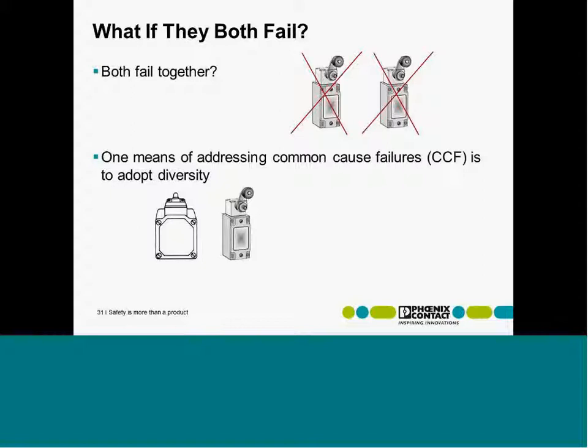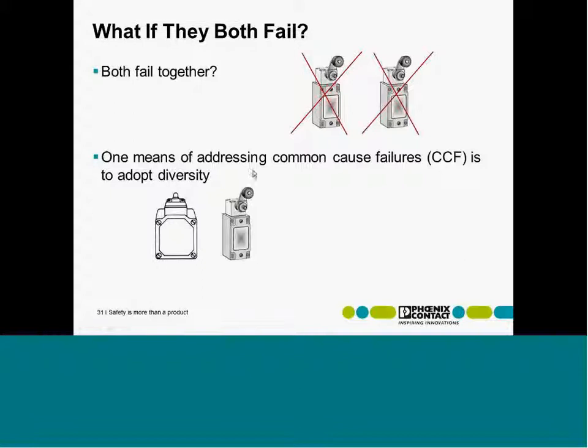where, think about a shock or vibration, for example, mechanical damage, which will destroy both switches at the same time. Therefore, one measure to minimize this common cause failure is to use diverse components, as we see here on this part.